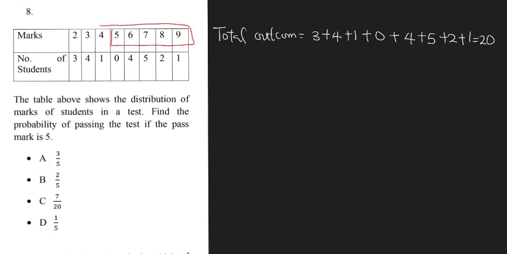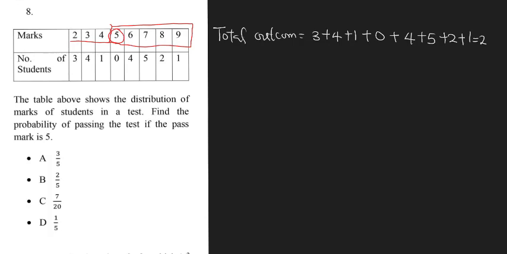That's the question. Remember that probability is the number of outcomes over total number of outcomes, right? So we look at those marks from 5 above, from this side to this side, and check their outcomes. Then we add them.